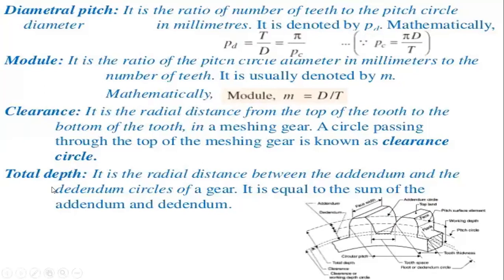Next is the total depth. It is the radial distance between the addendum and dedendum circles of a gear. So you can see the addendum circle and the dedendum circle.